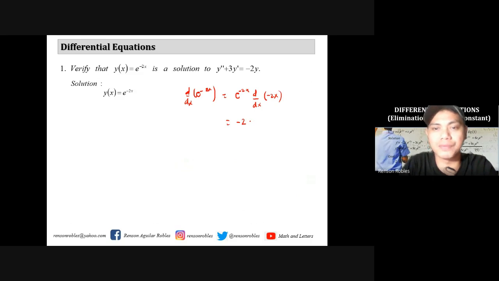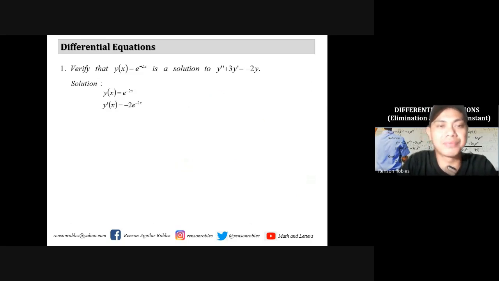You can just write it in front, then copy e to the negative 2x. Differentiating again, we have negative 2 e to the negative 2x times the derivative of negative 2x, that's another negative 2. Multiplying negative 2 and negative 2 gives positive 4 e to the negative 2x.